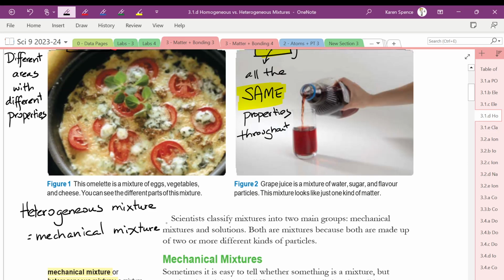So those are just two vocab words, okay? I have a tendency to use the word homogeneous mixture, but you will see a lot of places where they use the word mechanical mixture. Those two mean the same thing.